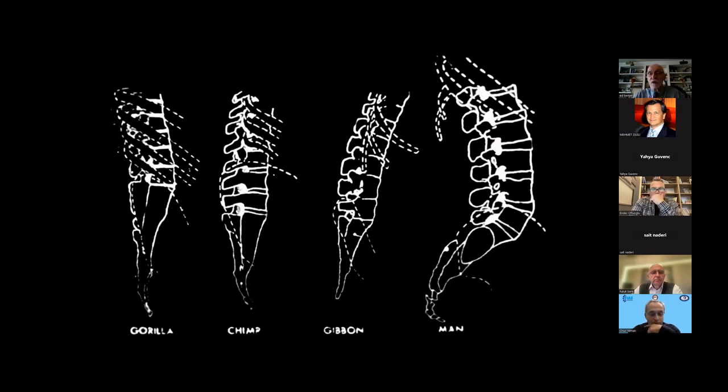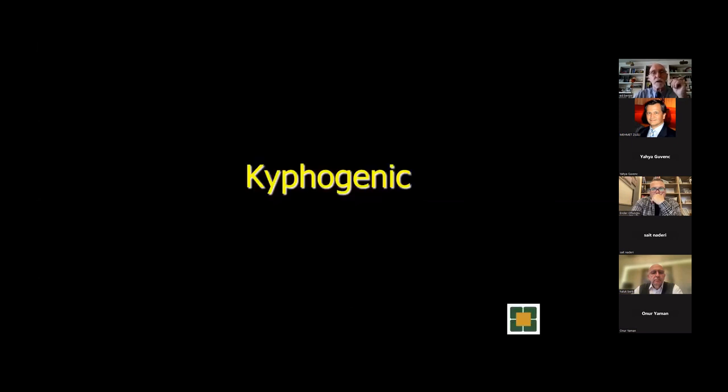We humans, Homo sapiens, are the only animal, if you will, that walks completely upright. All the rest of the animals pictured here either walk on four limbs or are knuckle draggers.